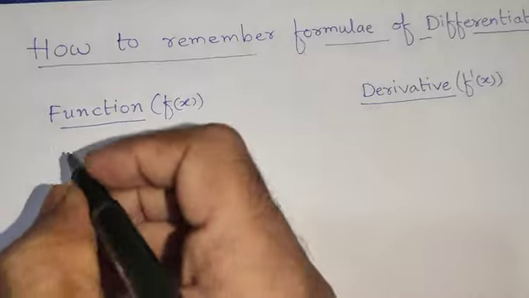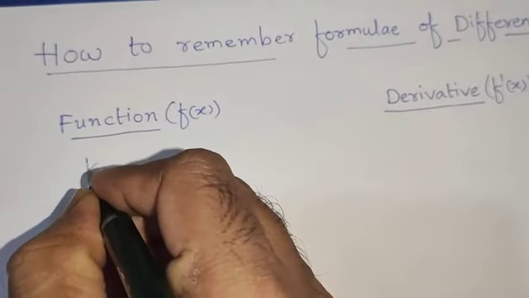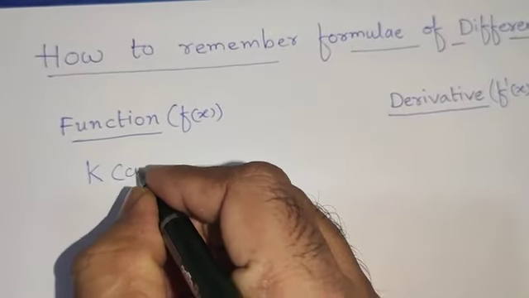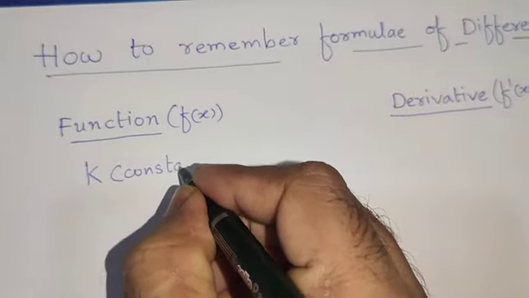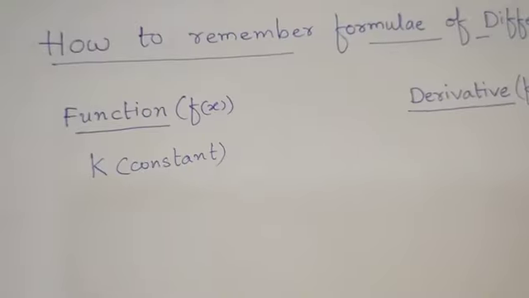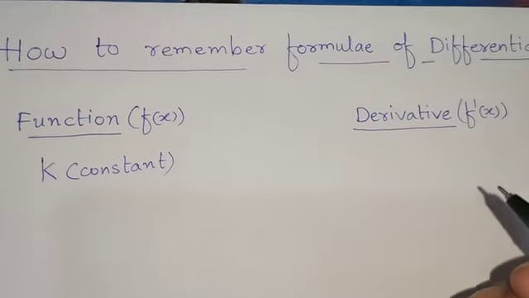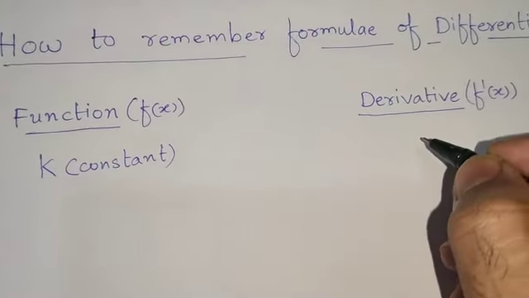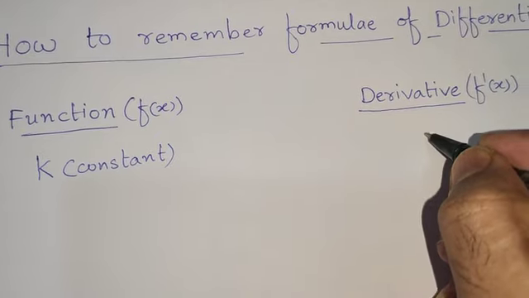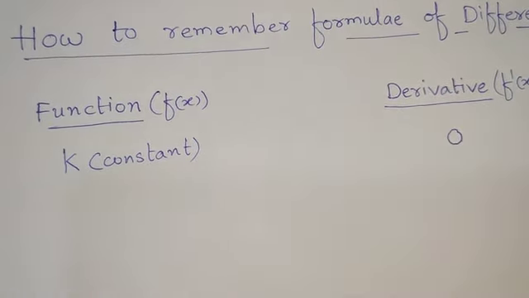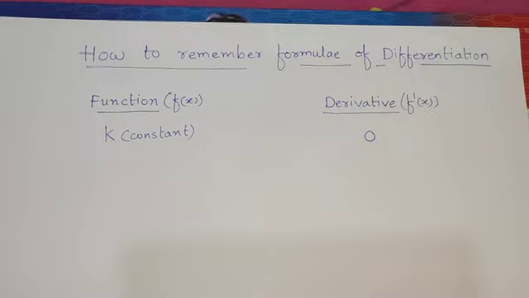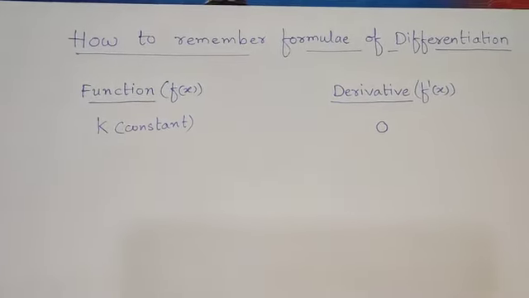So the first formula is for a constant, let us say k. It is any real number, 1 by 2, 3 by 2, 1, 0, 99. So if you want to remember its derivative, it is simple, 0.